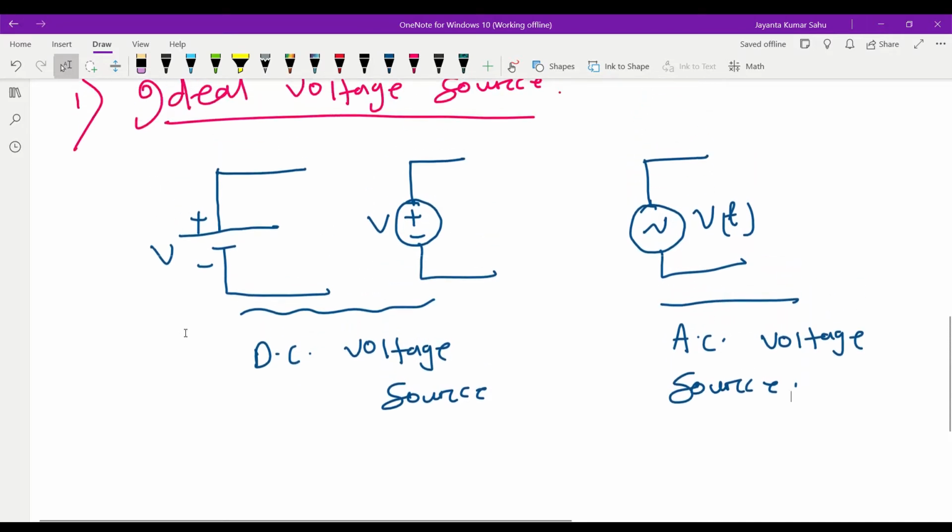The best example of a DC voltage source is the battery. Battery is the example of DC voltage source.